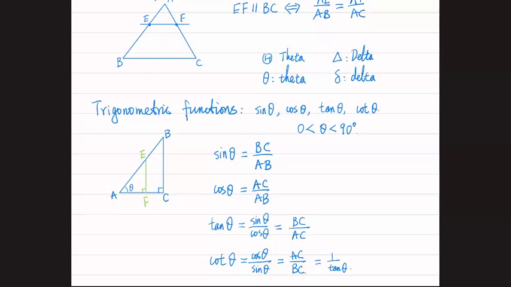He has a different definition of sine theta. Let's see. Using the new triangle it will be EF over AF. Okay, so now two right triangles, two ways to compute sine theta.